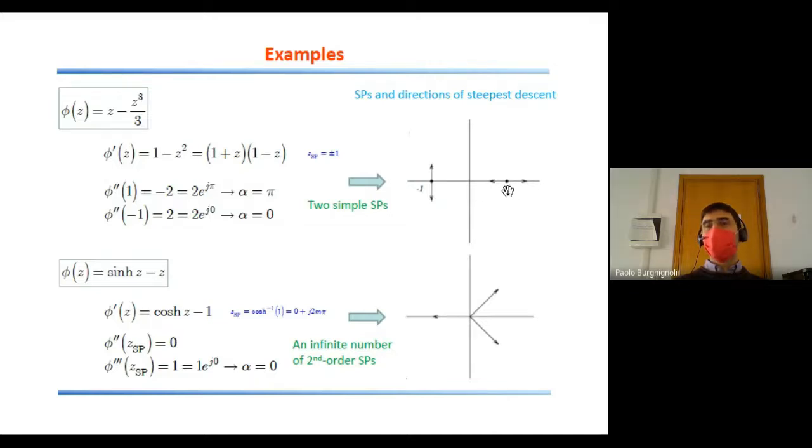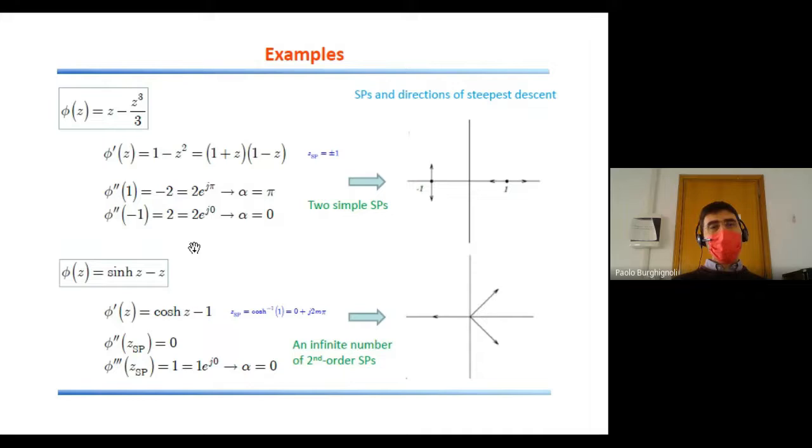So those two arrows departing from the saddle point at 1 give you the directions of steepest descent from that point. If you examine the other saddle point at minus 1, where alpha is equal to 0 instead, the same formulas give you the angles pi over 2 and 3 pi over 2. So therefore, we have vertical directions for the steepest descent paths.